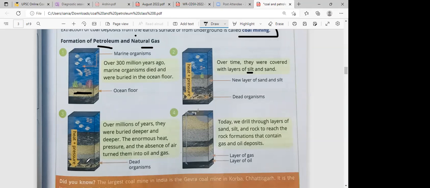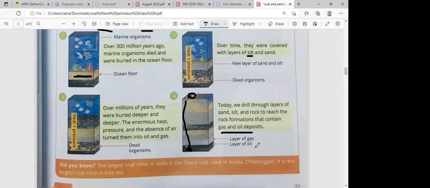Because of this, the dead organisms turned into oil and gas. Today we drill through layers of sand, silt and rock to reach the rock formation that contains gas and oil deposits. From here we go deeper, and only then do you get these gas and oil deposits.